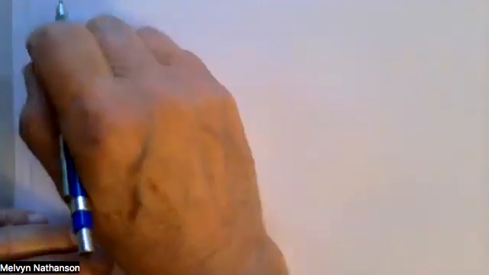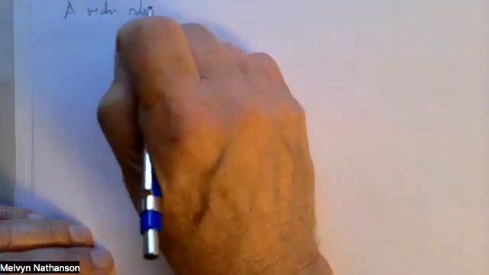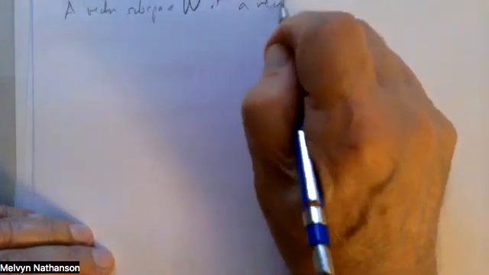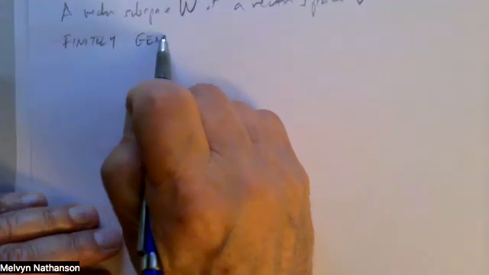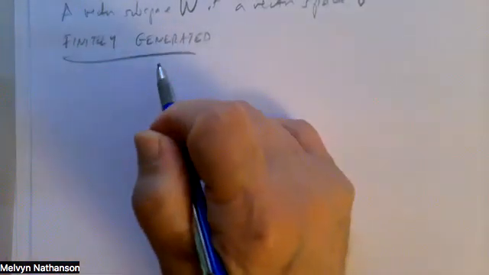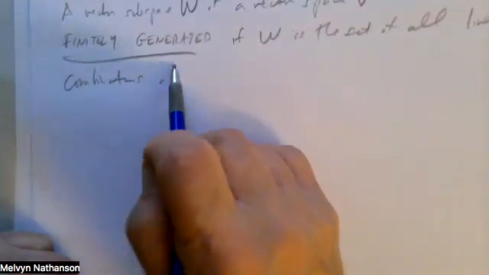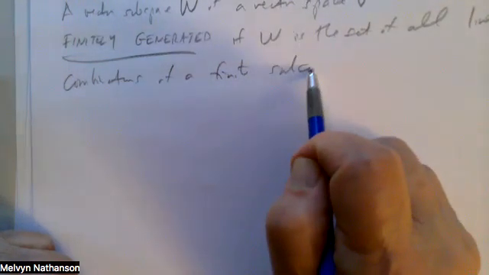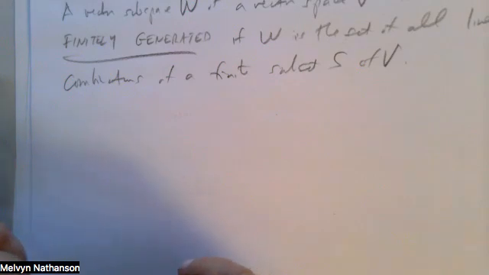So we say that the vector subspace W of a vector space V is finitely generated if W is the set of all linear combinations of a finite subset S of V. So there's a finite set S, and the subspace generated by S is W.